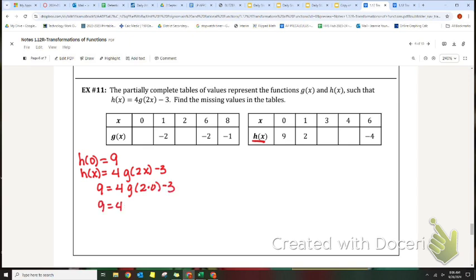So 9 is equal to 4 times g of 0 minus 3. Move the 3 over. So 12 equals 4 times g of 0. Then divide by 4, and we get g of 0 equals 3.